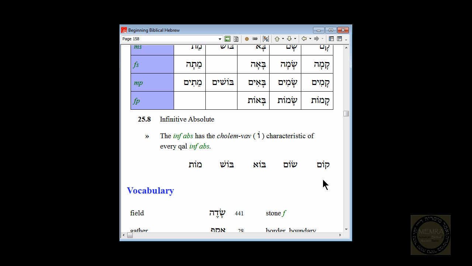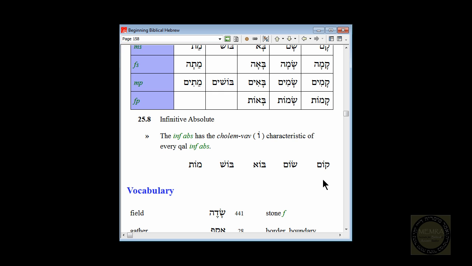So that's the overview of the chapter. The rest is vocabulary. I know hollow verbs are a little weird, but there's a limited number of them, and once you get used to them, and the same ones keep popping up all the time, I'm pretty confident in saying that I don't think you'll find hollow verbs that much of a big deal.